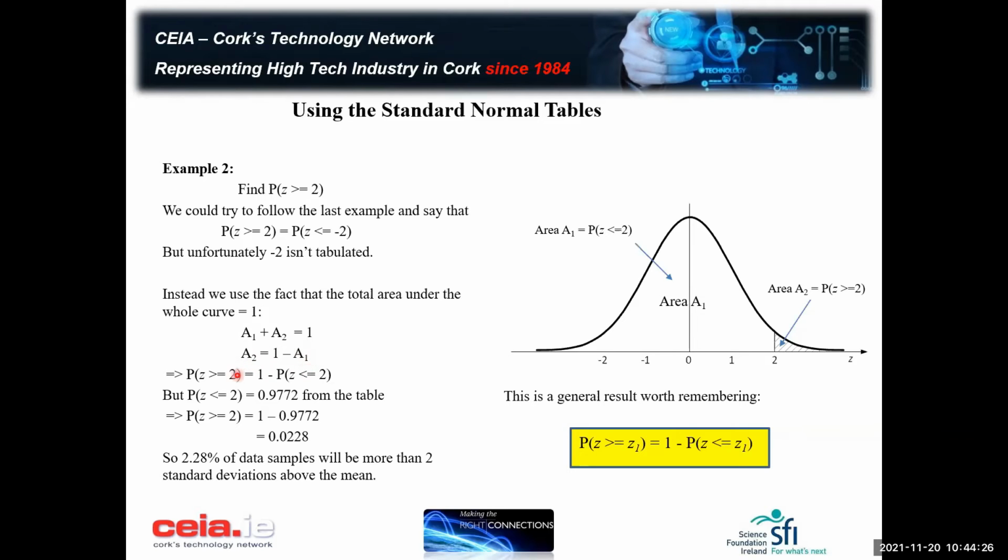Or you can write it as the probability that z is greater than or equal to 2 is 1 minus the probability that Z is less than or equal to 2. But this value is 0.9772, the same value we had before. So subtract that from 1 and we get 0.0228. And that means that 2.28% of values lie more than 2 standard deviations above the mean.